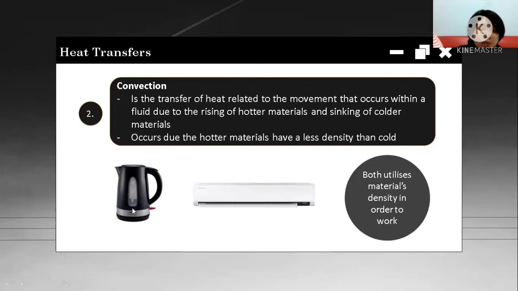And this process would repeat itself until all of the water here is hot, basically. So when you see a boiling kettle and you take off the lid, you can see the water swirling around because of that principle itself.